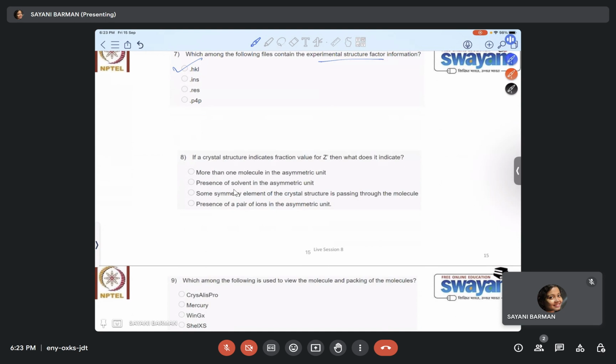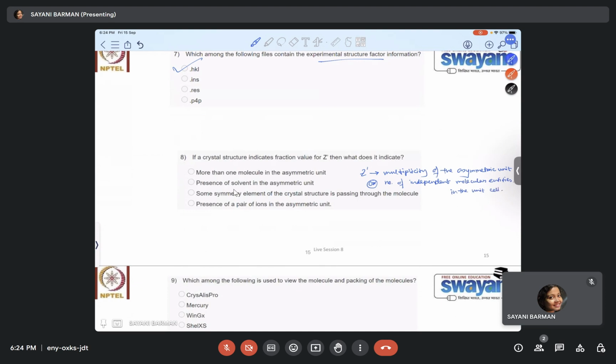So Z prime refers to the multiplicity of the asymmetric unit, or you can write it as the number of independent molecular entities within the unit cell, right?